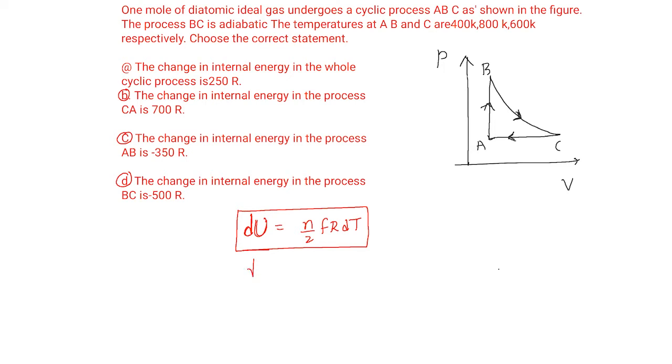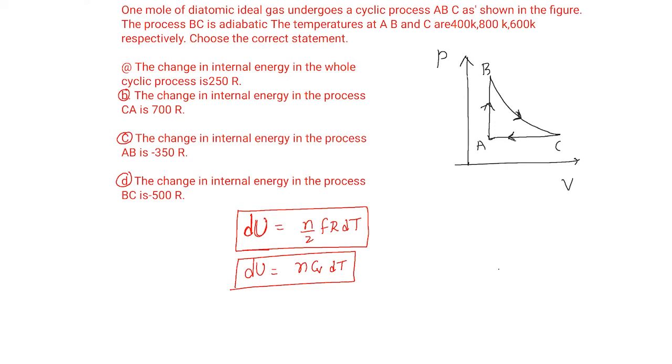This change in internal energy, you can also write like this: n Cv dT. There are two formulae for finding the change in internal energy, children: n by 2 F R dT or n Cv dT. You can write either form.